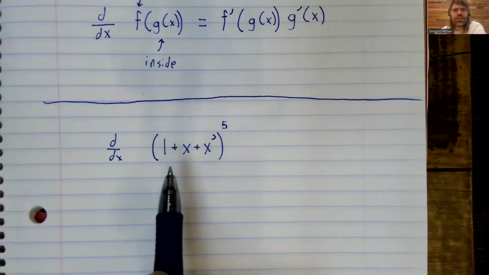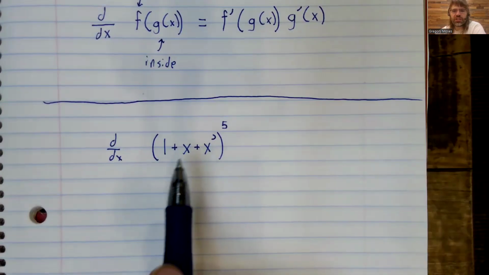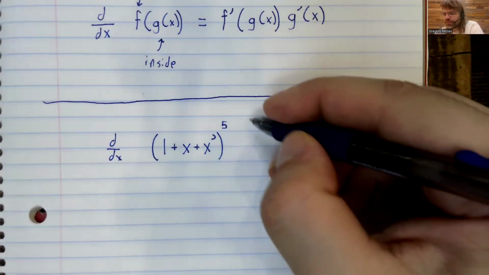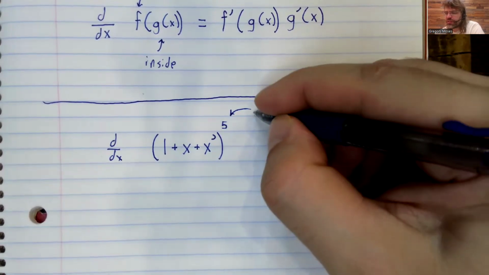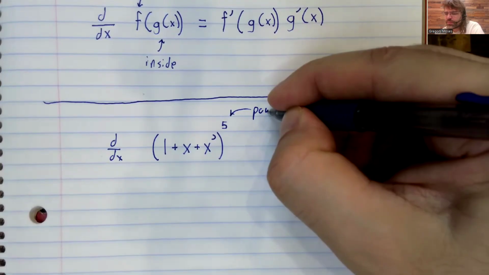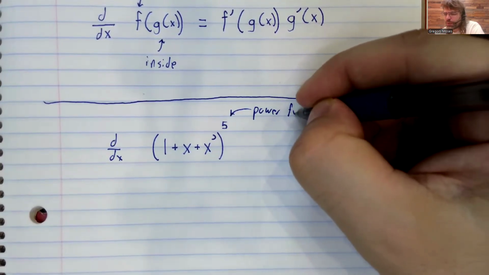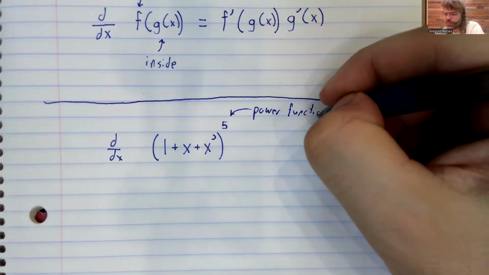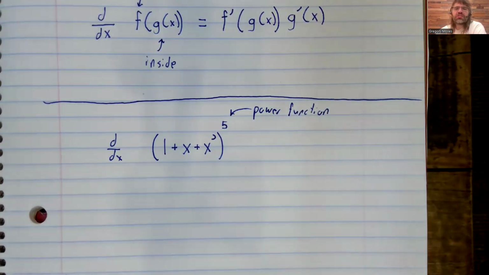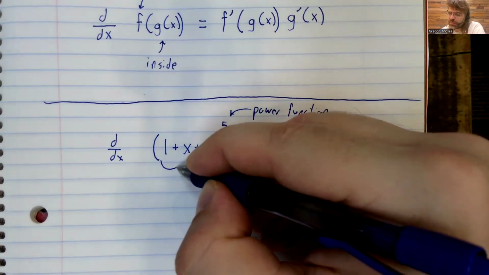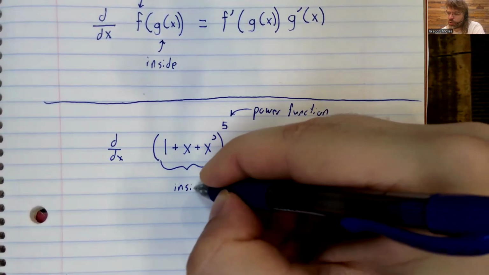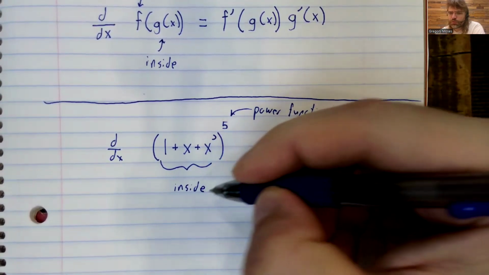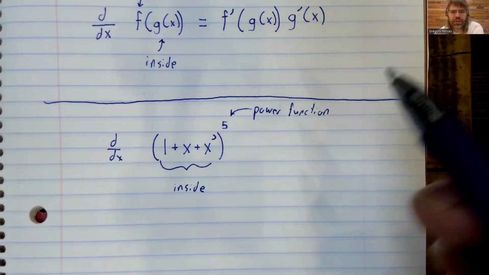So what you have here is a composition. You've got something raised to the fifth. So that's a power function. But it's not just x raised to the fifth. It's a polynomial raised to the fifth.